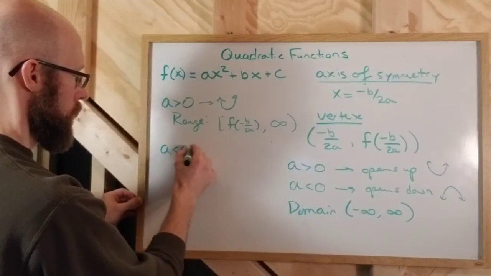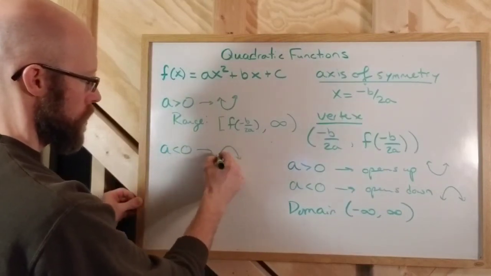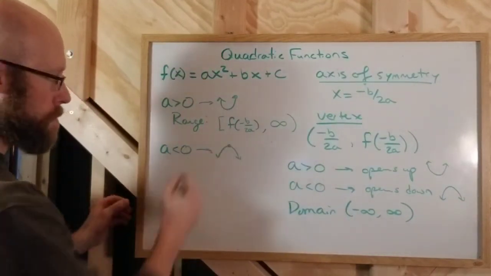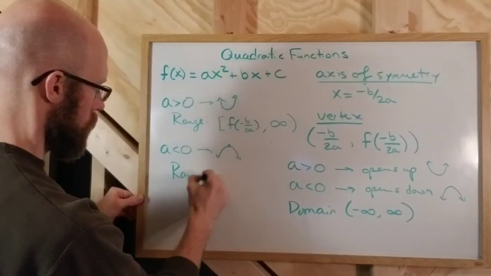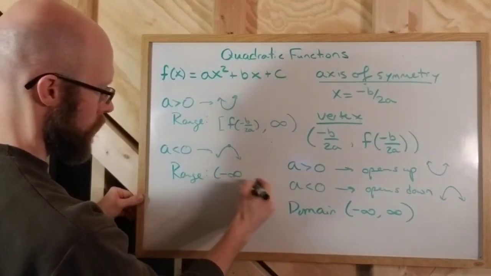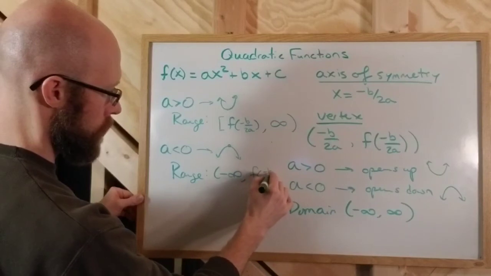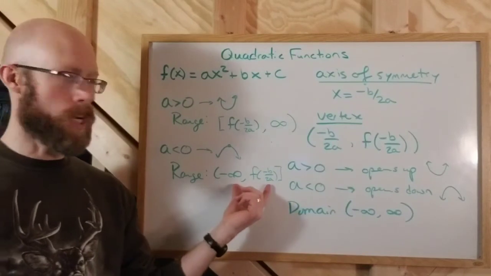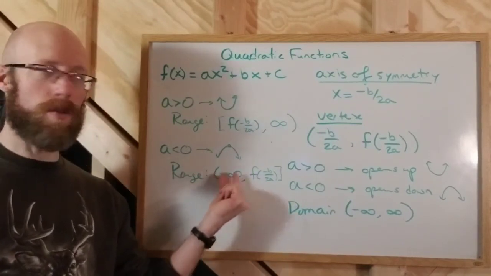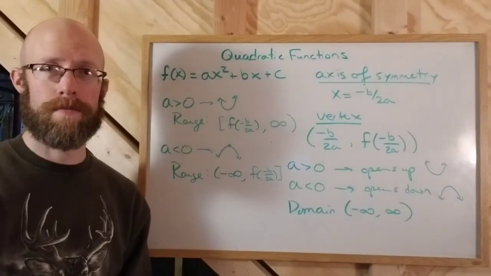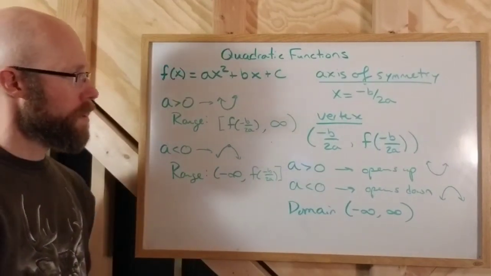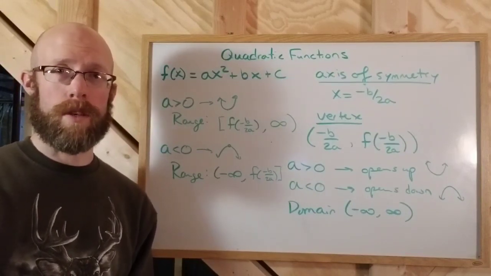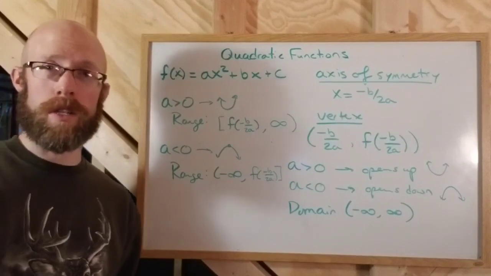If the a value is negative, the parabola opens down, then it starts at negative infinity and comes up to that function value, that maximum. So then the range would be negative infinity up to f of negative b over 2a. Right? So the order changes because you're going down to negative infinity rather than up to infinity. Okay? We'll go through in the next video some examples of finding this information and then plotting the graphs.